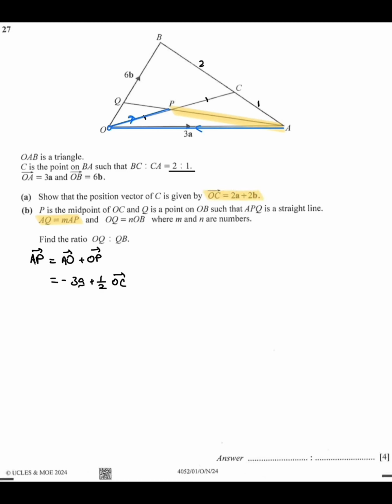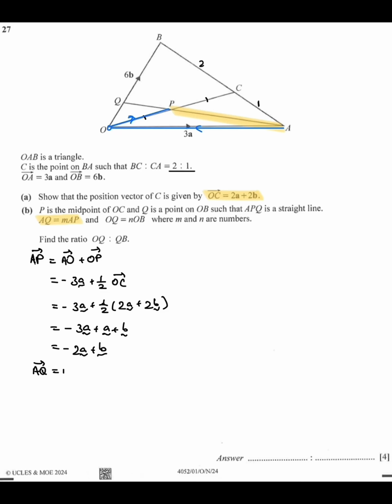By substituting OC as 2A plus 2B, we will get an expression for AP. We expand the bracket and simplify to get an expression for the vector AP. Hence, vector AP is negative 2A plus B.